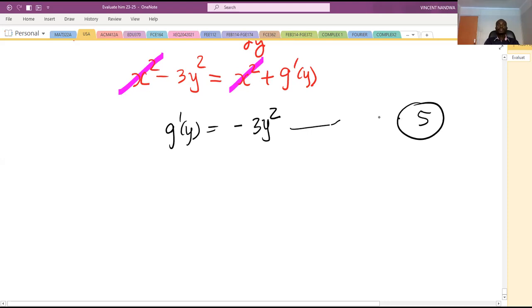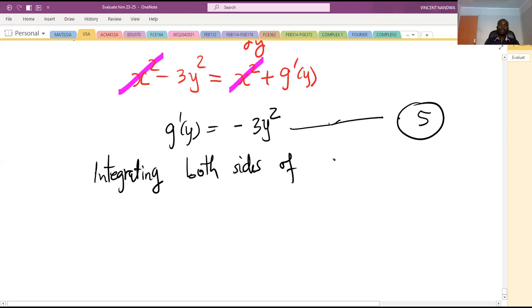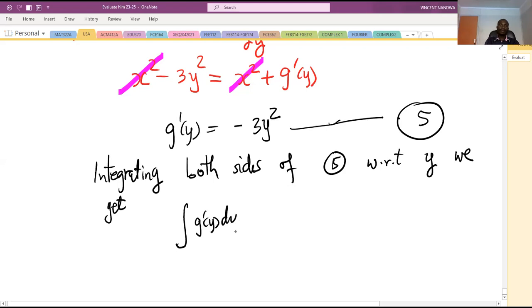Now to get g, we simply integrate both sides of equation 5 with respect to y. So integrating both sides of 5 with respect to y, we get the integral of g prime of y dy equals the integral of minus 3y squared dy.